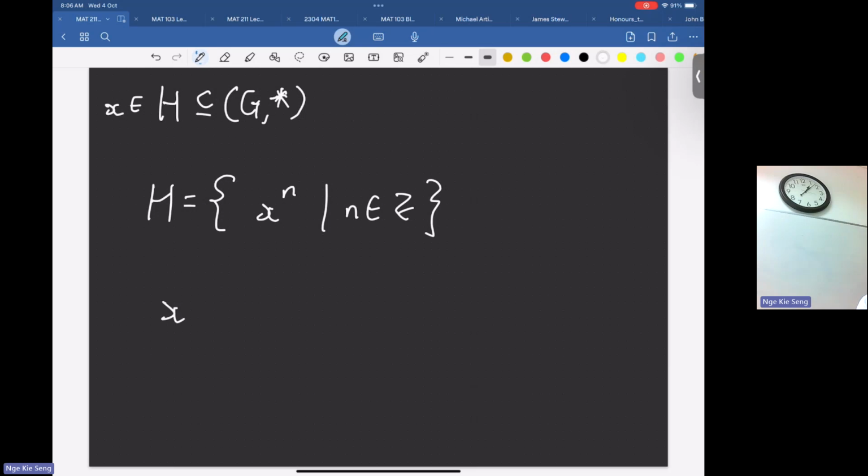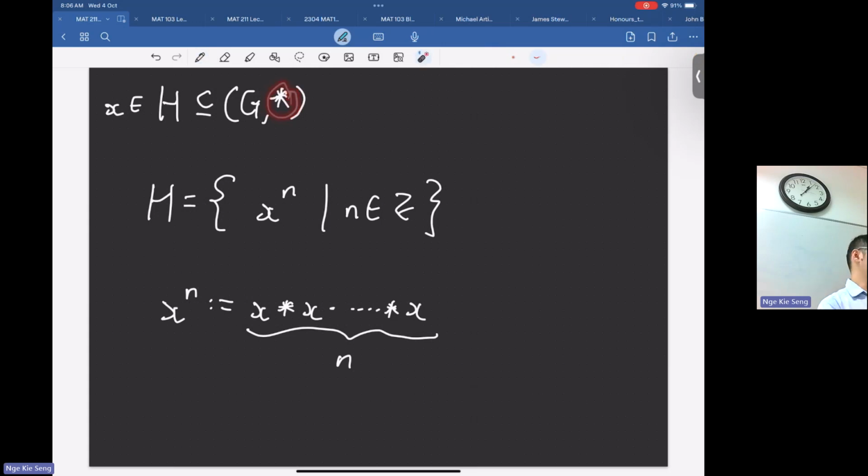What do I mean by s^n? It means you compose s n times. I don't care what kind of composition it is: it could be plus, multiply, or function composition. The power tells you how many times you compose.